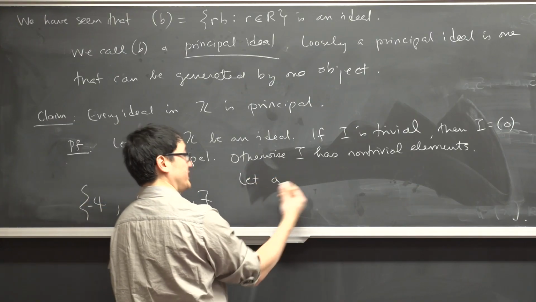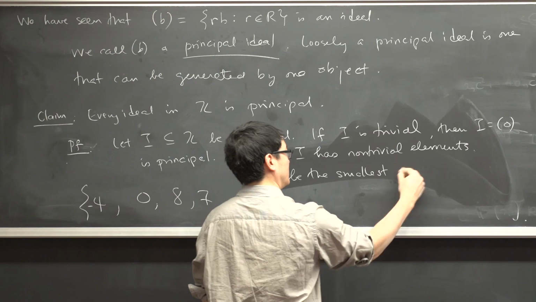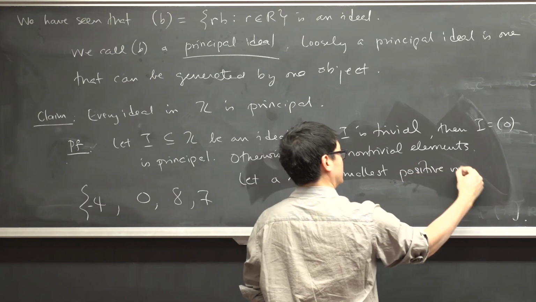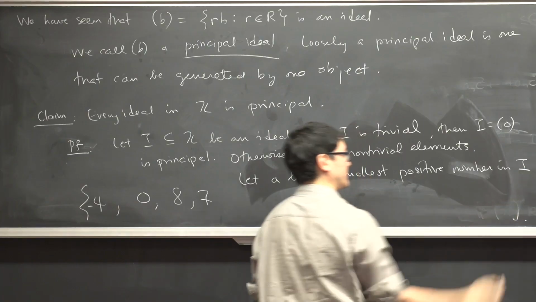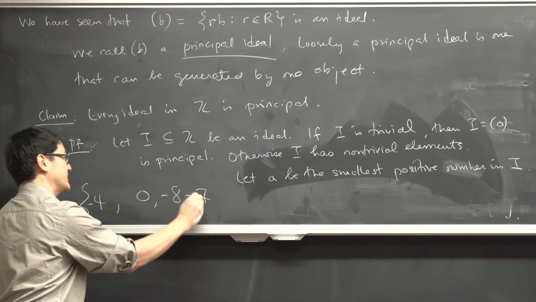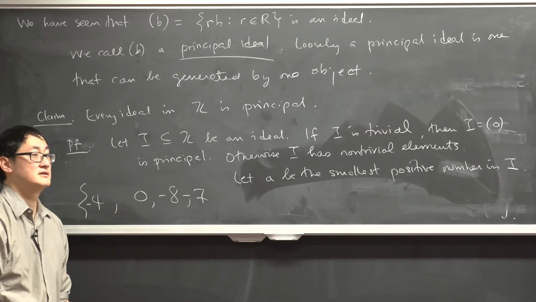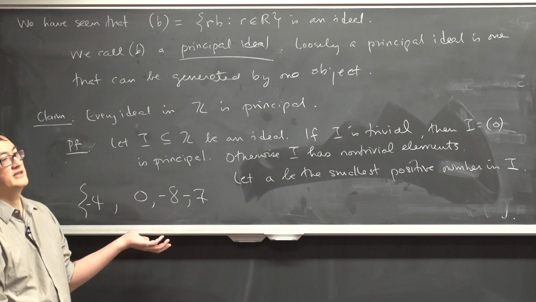Let A be the smallest positive number in I. How do I know that there are any positive numbers in I? What if they're all negative? Yeah? It's closed under inverses.